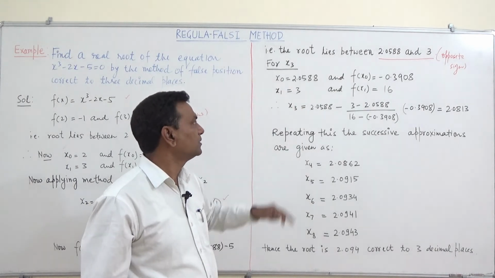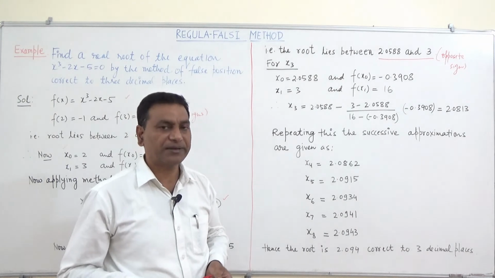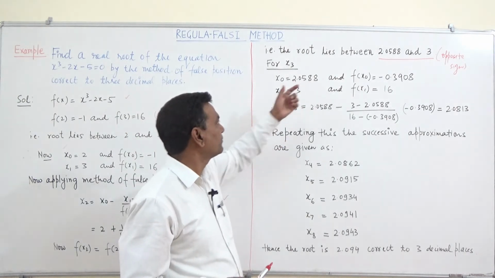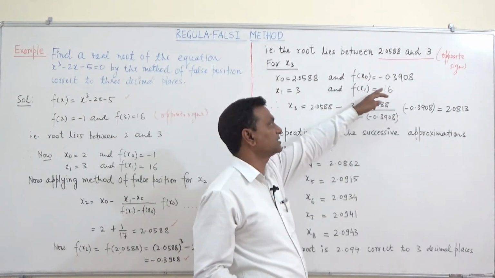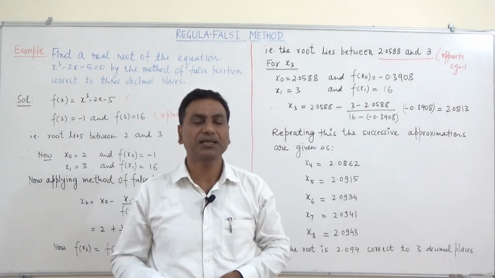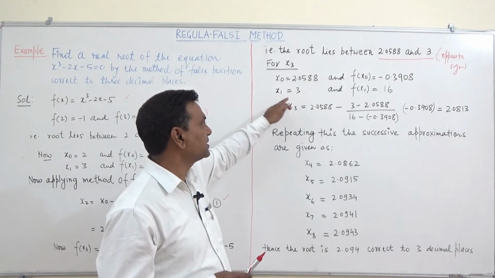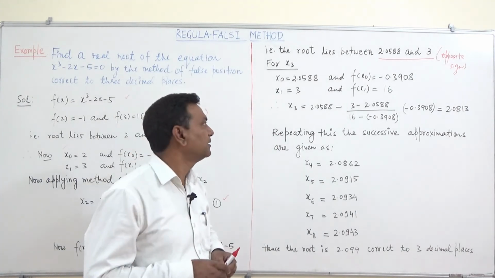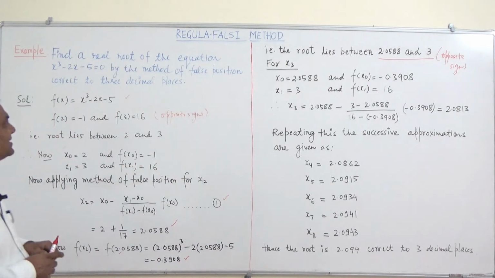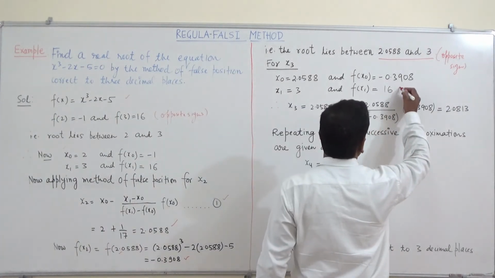Because x0 is 2.0588, we put this value in the equation and find f(x0), which is minus 0.3908. Similarly, because x1 is 3, we put 3 here and we get f(x1) as 16.